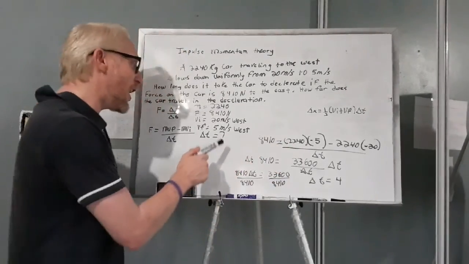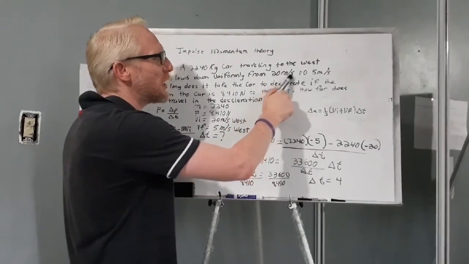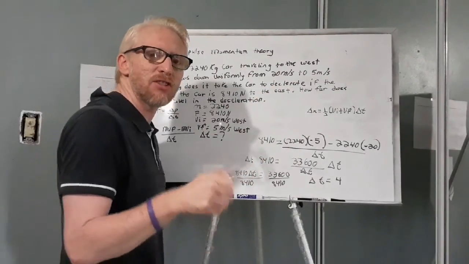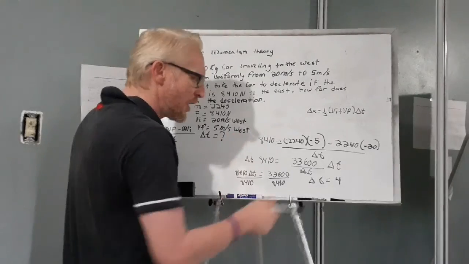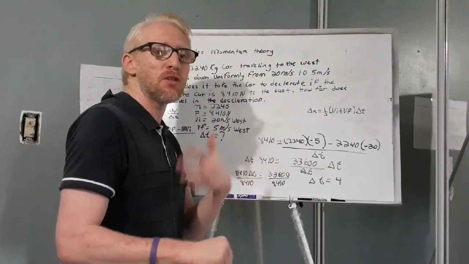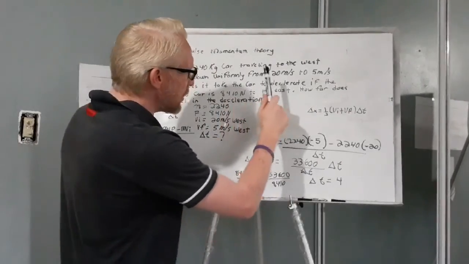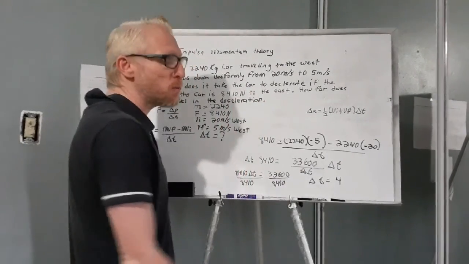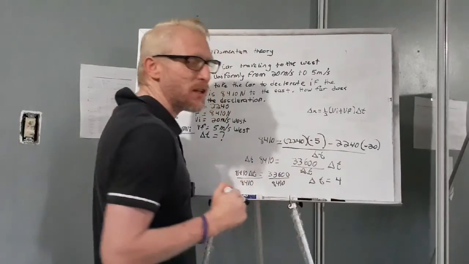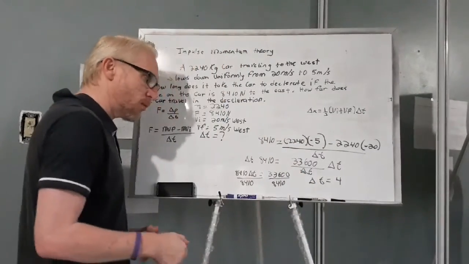The final velocity is -5 because it started at 20 and slowed down to 5, and it's negative because it's moving westward. Minus the mass, which continues to be 2,240, multiplied by the initial velocity, which is 20 meters per second, but negative again because the car was moving to the west, over the change in time, which is what I'm going to look for.